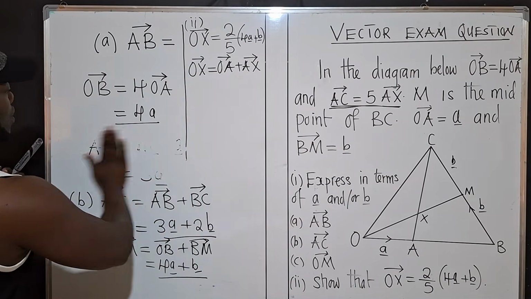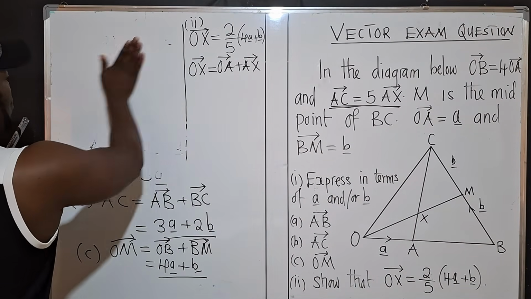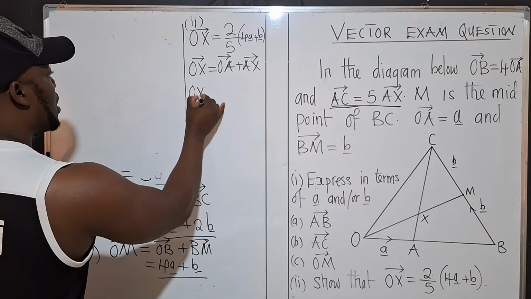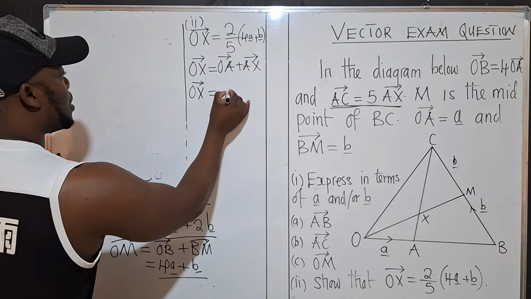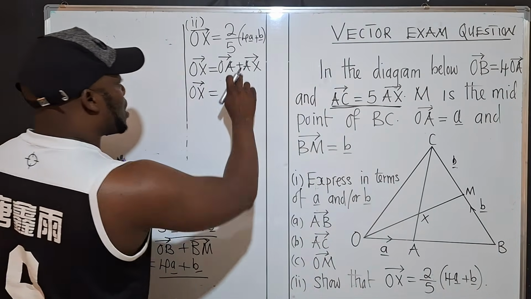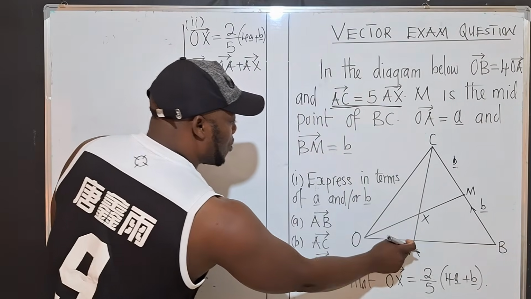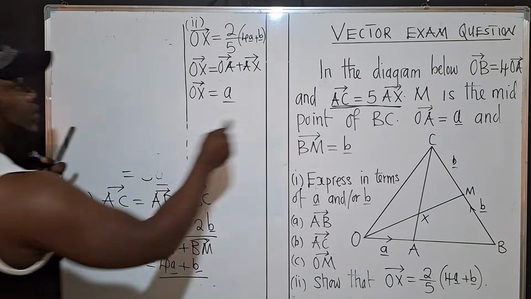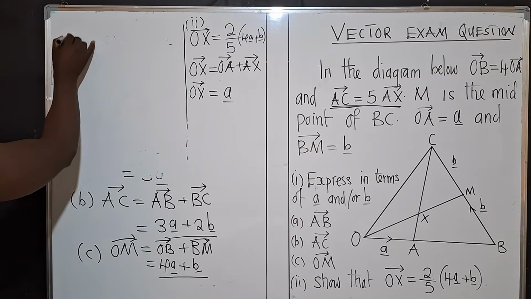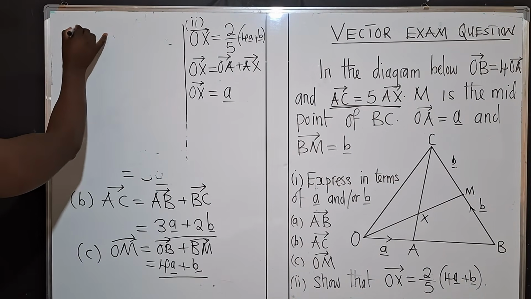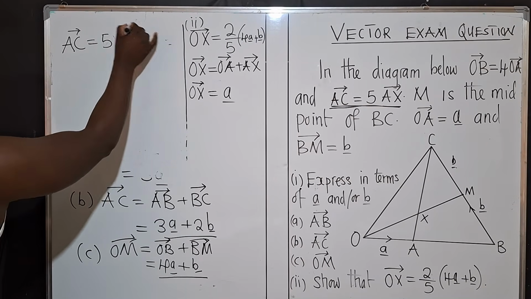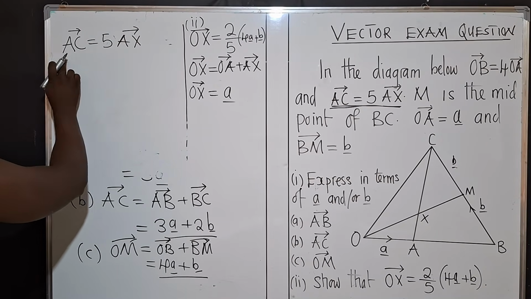I can erase here so that I do my work from here. I can say OX is equal to a, since OA is a. But what about AX, from here to X? I can take advantage of the statement that vector AC is equal to 5AX. Do I have AC?